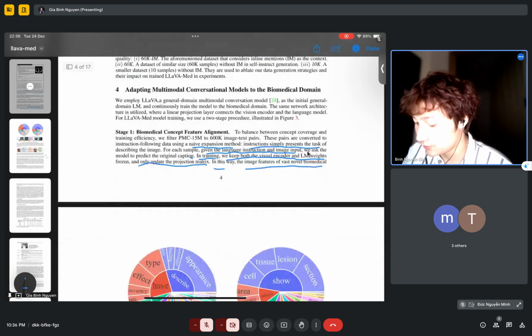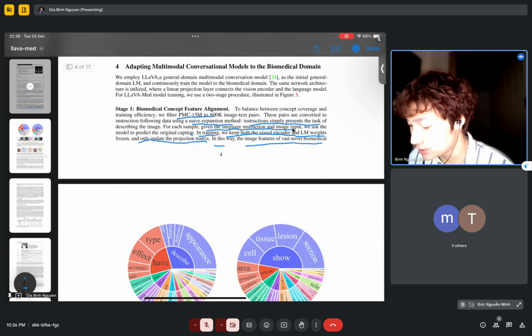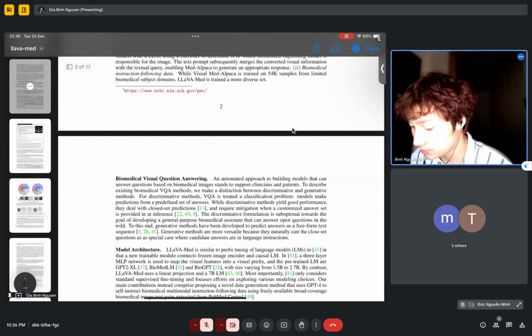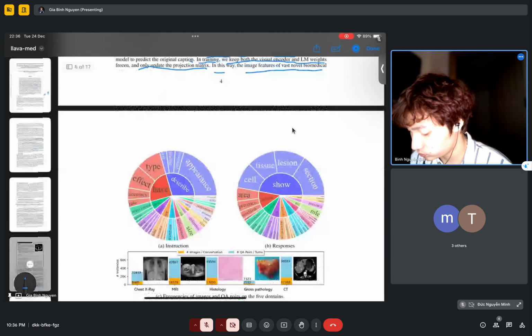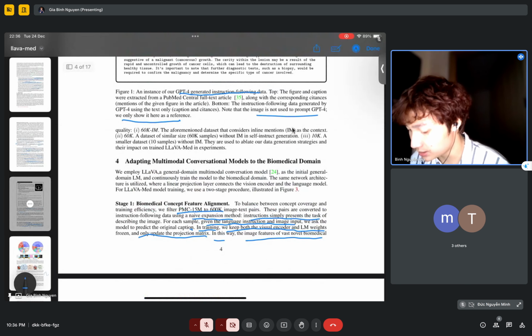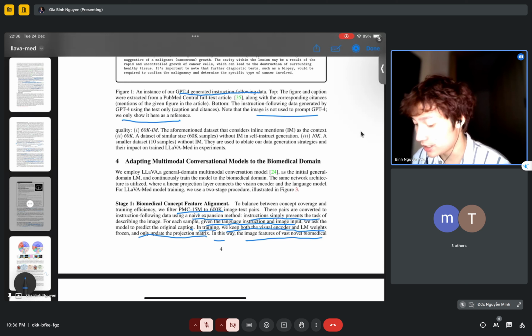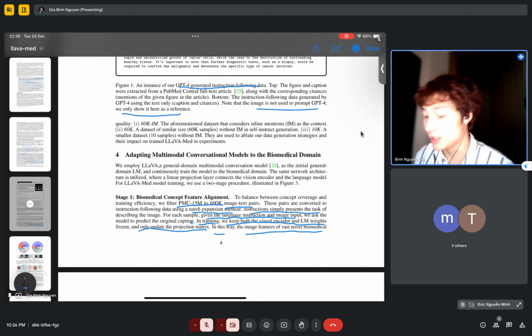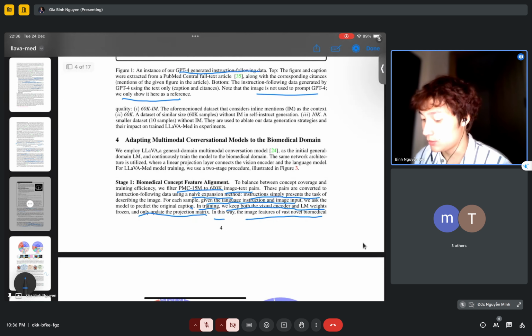In the first part, it is trained with the PMC 15M dataset, where the researchers filtered about 600k image and text pairs, and LLaVA-Med was trained on this dataset for feature alignment, like I mentioned before, for the medical domain.